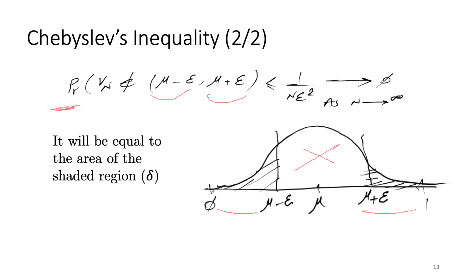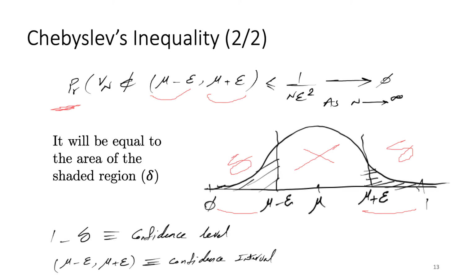And this is exactly what is called a confidence level, right? We show this by delta. So 1 minus delta, which shows exactly here, is equivalent to a confidence level.